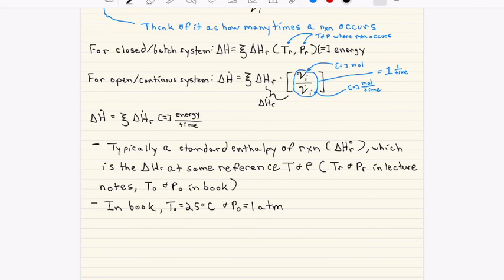So you'll just see 25C and 1 ATM used as the reference conditions for your reactions. But of course, you could use any temperature or pressure for your reference. Ultimately, because enthalpy is a state variable, it shouldn't affect what the delta H is going to be, because you're looking at the changes of enthalpy.